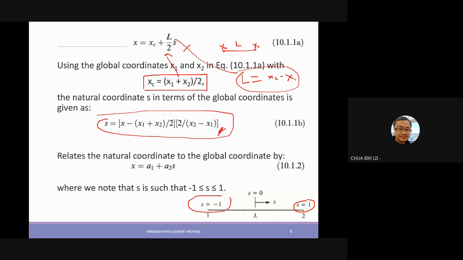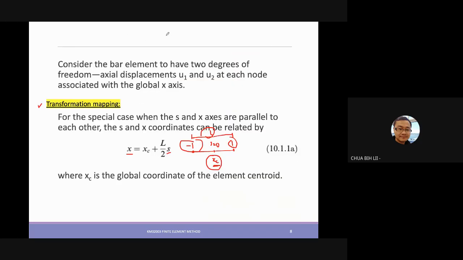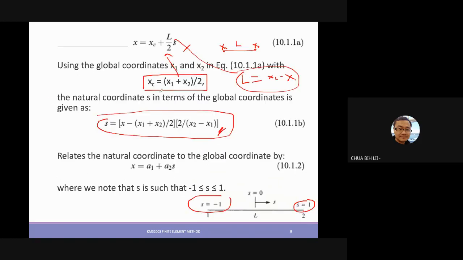They only need to do it once to compute the transformation mapping relationship, or the matrix. Once the computer gets that, the rest is just normal formulations.